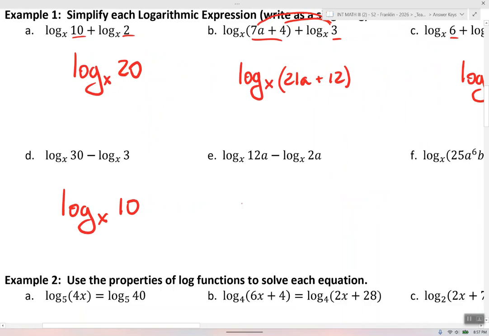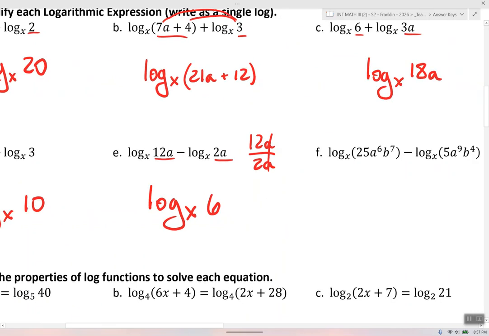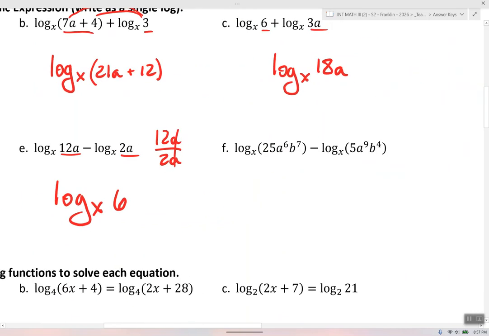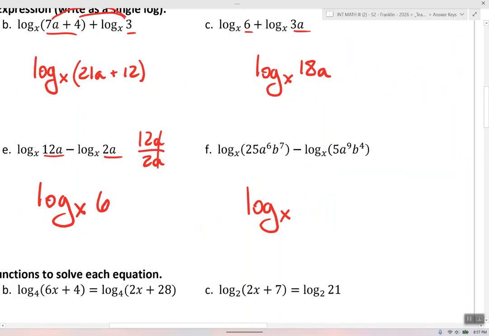For example E, we'll have log base x of 12a divided by 2a is 6. 12a divided by 2a, the a's cancel. 12 divided by 2 is 6. And example F, log base x, and then to divide these, remember, divide the coefficients and subtract the exponents.